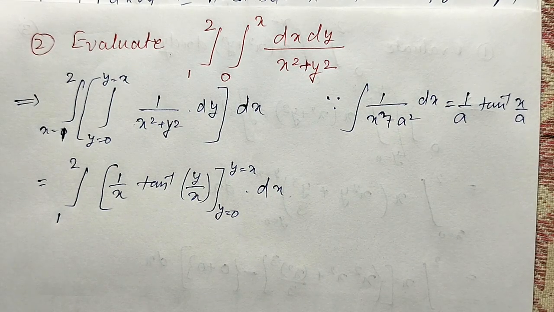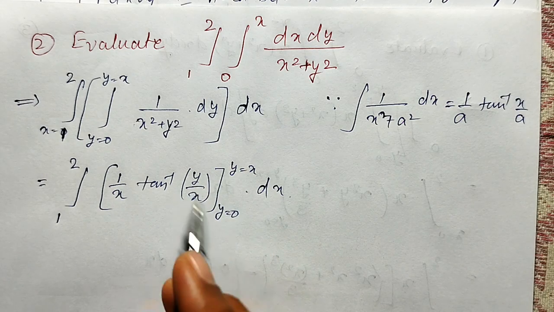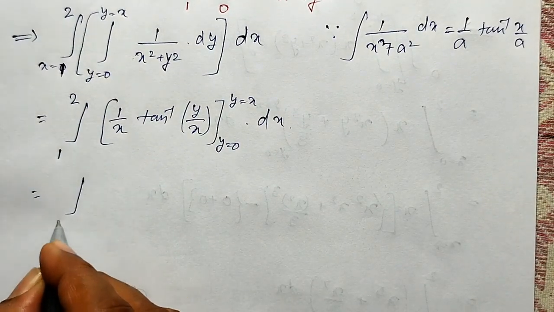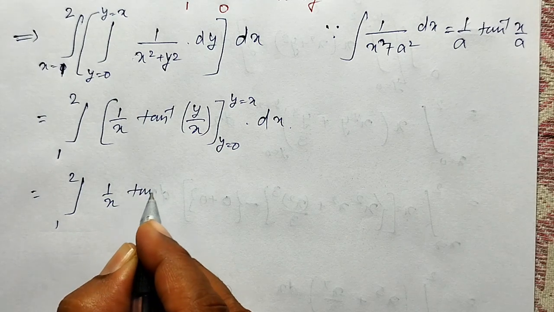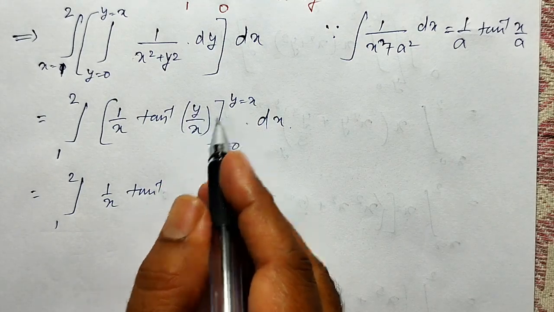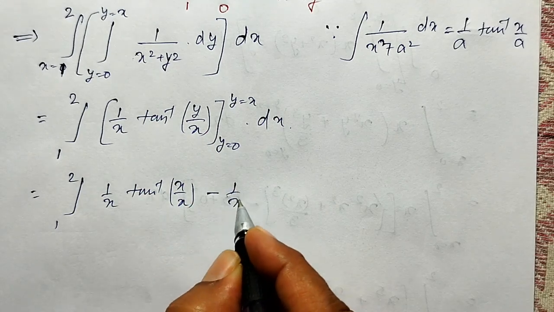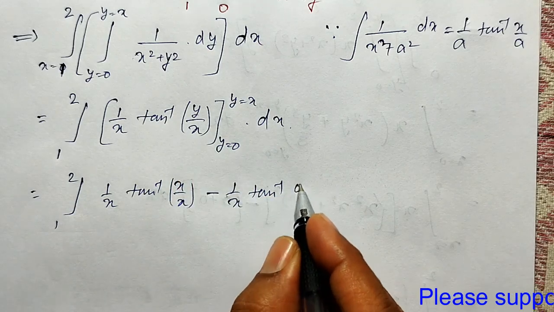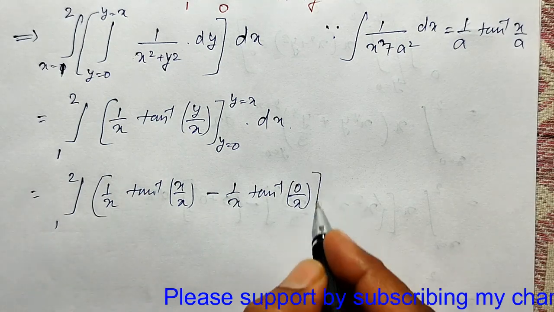correct? Now you have to substitute upper limit minus lower limit for y. Therefore, I am going to substitute here as the integral from 1 to 2 of 1 by x into tan inverse of x divided by x, where y is replaced by x, minus 1 by x into tan inverse of 0 divided by x, where y is replaced by 0, into dx.